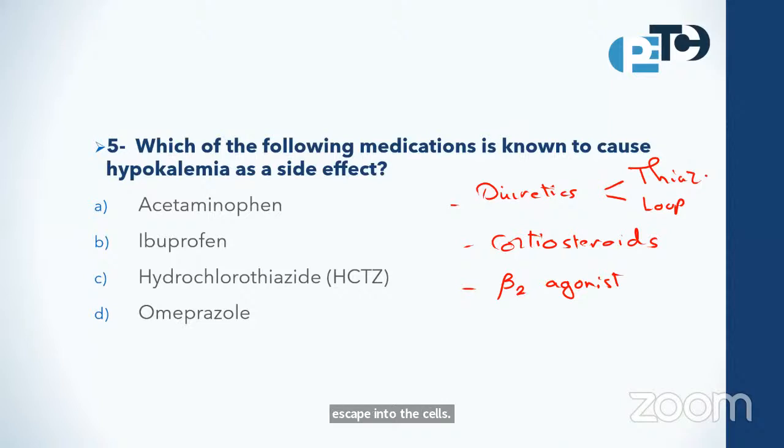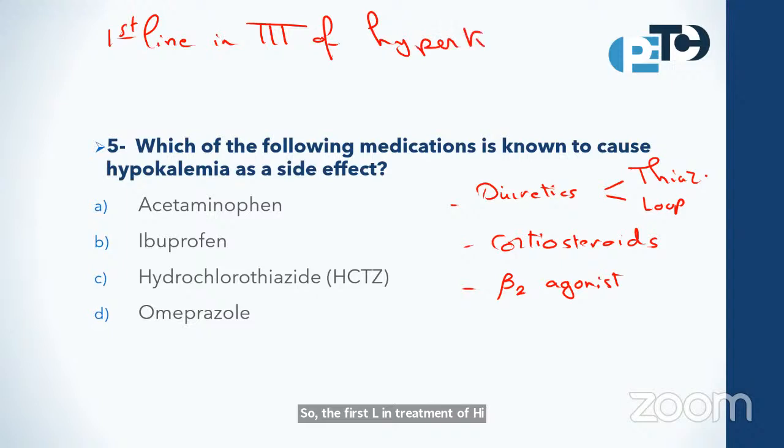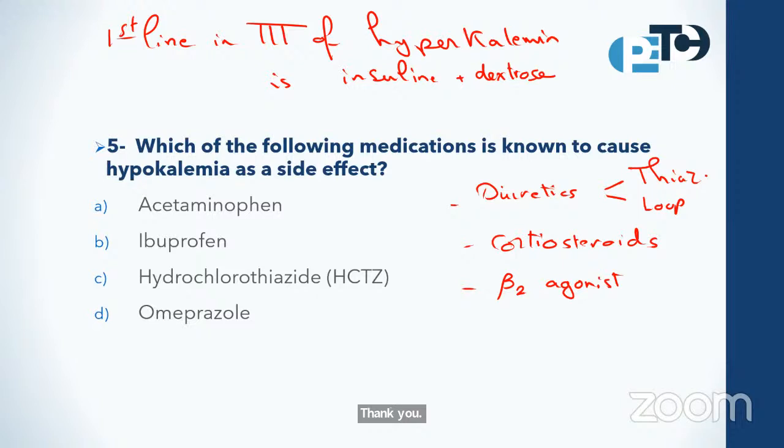So the first line in treatment of hyperkalemia is regular insulin infusion plus dextrose, the infusion in a dextrose or glucose bottle, because insulin makes potassium escape from the blood into the cells.